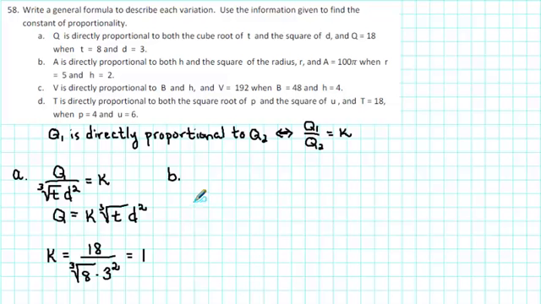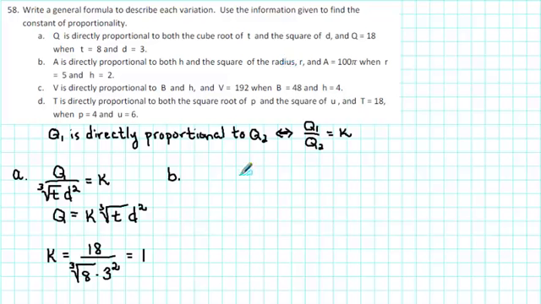For part B, we're given that A is directly proportional to the product of h and the square of the radius r. And A is equal to 100 pi when r is equal to 5 and h is equal to 2. So in this case, our first quantity is A, and our second quantity is the product of h and the square of the radius.